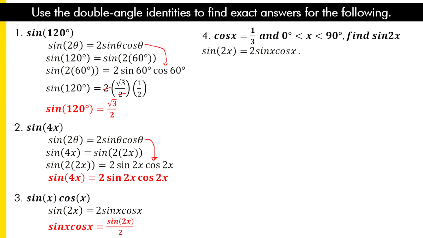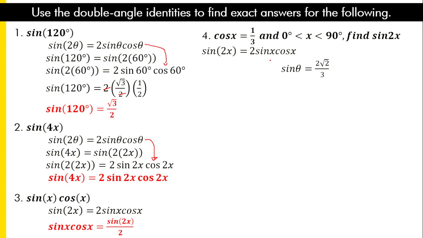And now, let's solve for sine x. Here you can use the Pythagorean theorem to identify the other side, or you can just apply the formulas that we have earlier to obtain sine x. It depends on you how you identify the value of sine x.